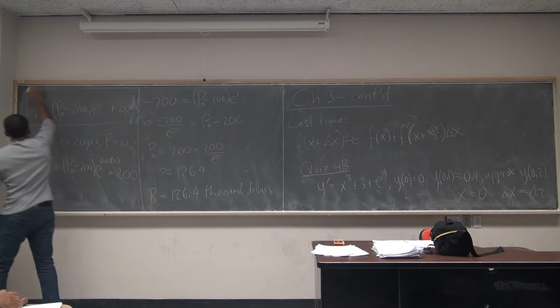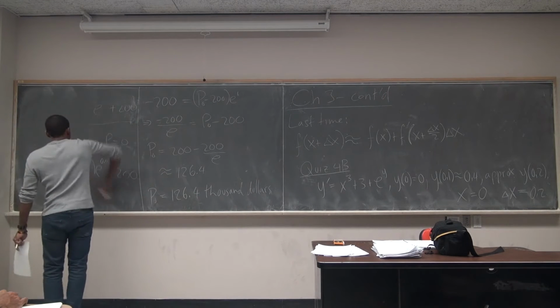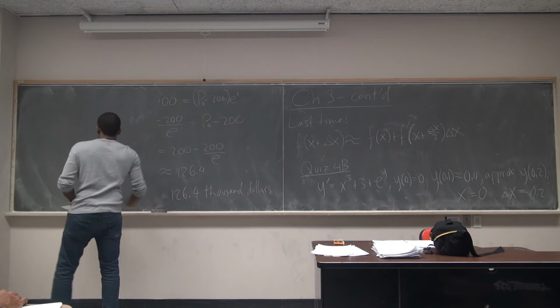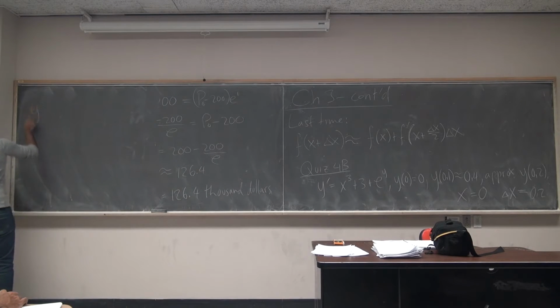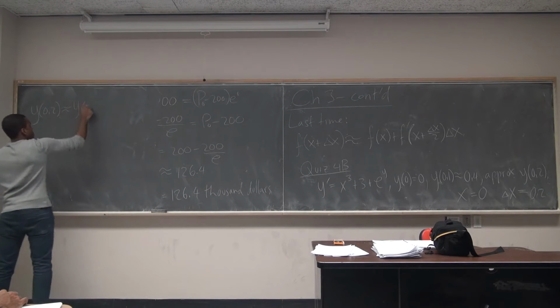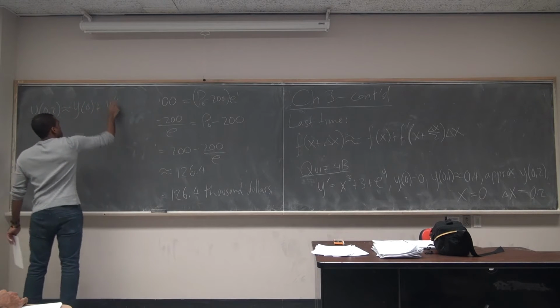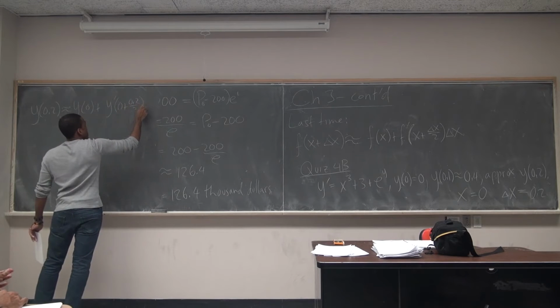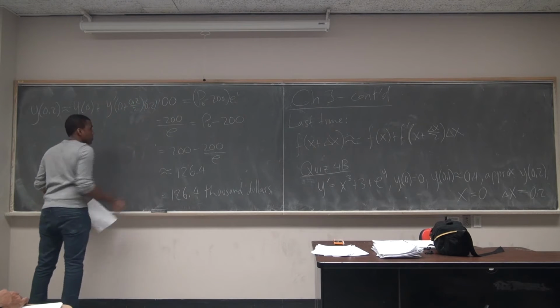If I use that, I know that y of 0.2 is approximately equal to y of 0 plus y prime of 0 plus 0.2 over 2 times delta x, which is 0.2.